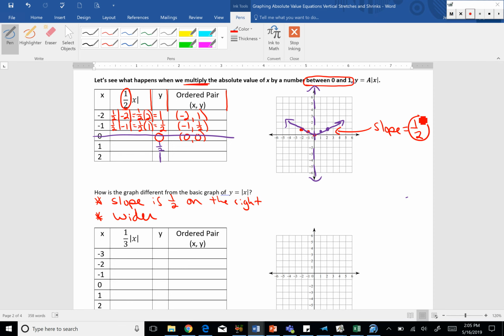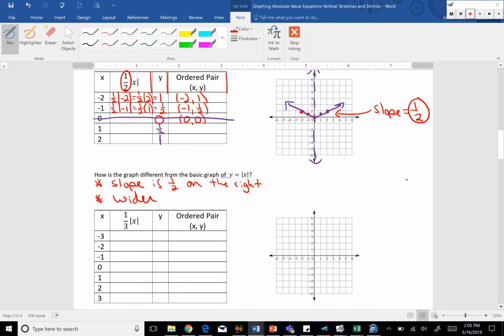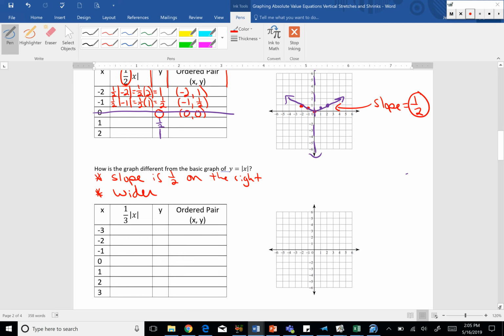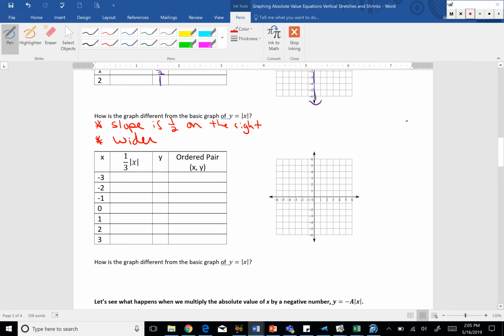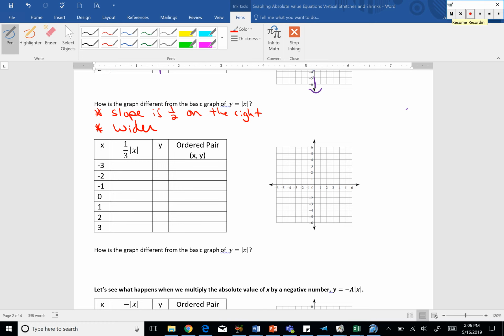Let's see if we can make this graph with the 1/3, because I know how much you guys love doing computation with fractions. Let's see if we can make the 1/3 one go faster. All right, so let's talk. Every question we've had slope. Slope, slope, slope.